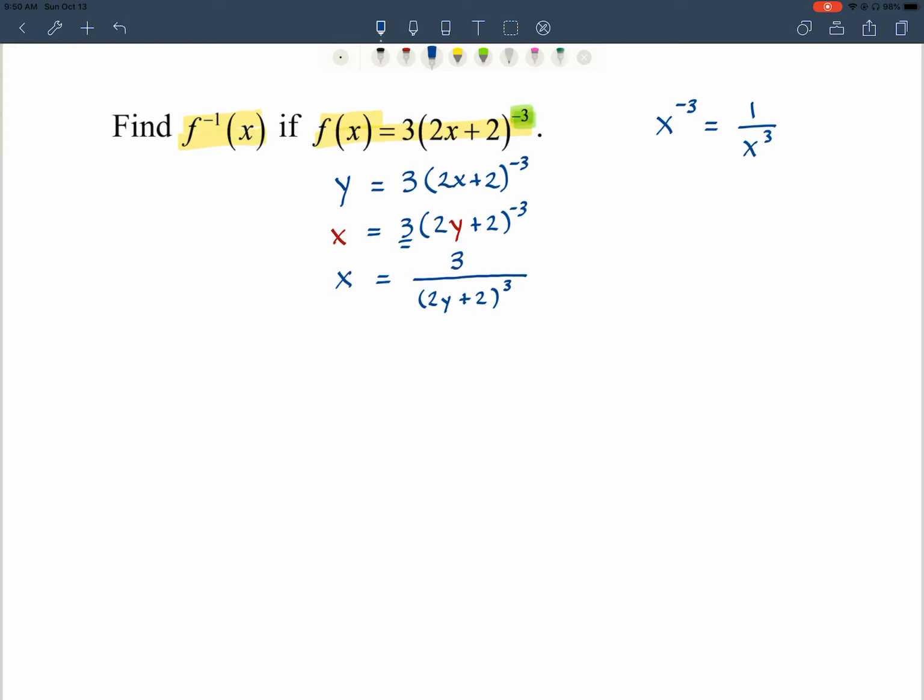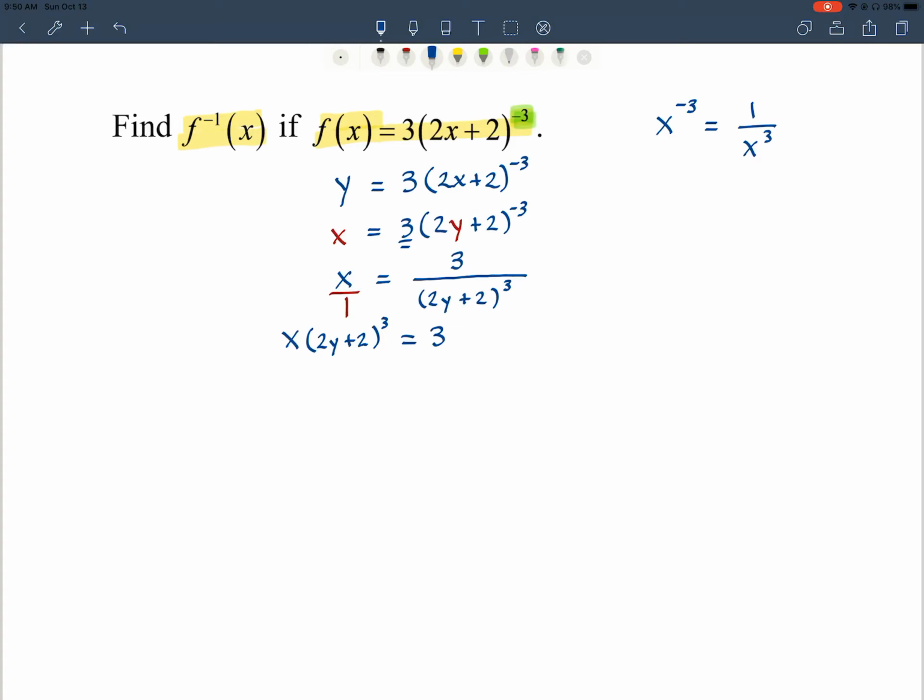So let's treat this like a proportion. We've got a fraction that equals a fraction, so we're going to do our cross multiplication. So we're looking at x times the quantity of 2y plus 2 to the positive third power is equal to 3 times 1, which is just 3.